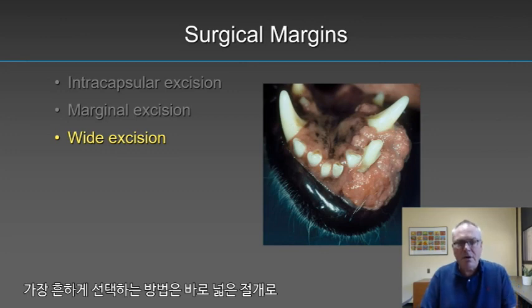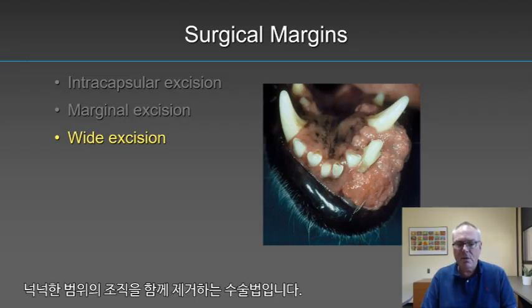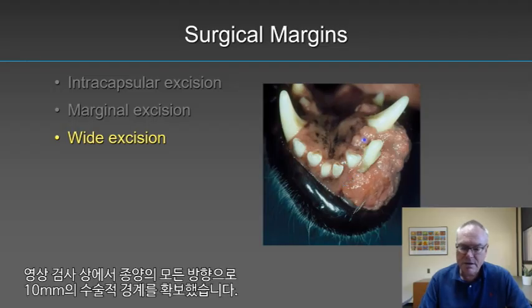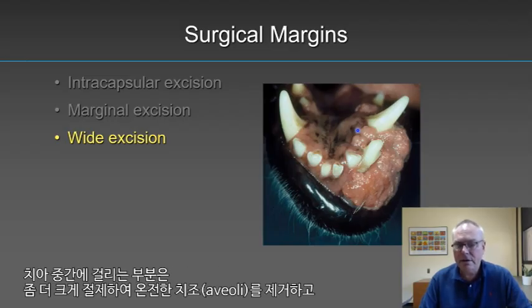The most commonly used method of excision is a wide excision. A wide excision is where you take an ample amount of normal tissue in your excised area. Again, the same example that I've already shown: this is a squamous cell carcinoma. Based upon our imaging, we add 10 millimeters in all dimensions, and then we look at the presence of teeth in that line.